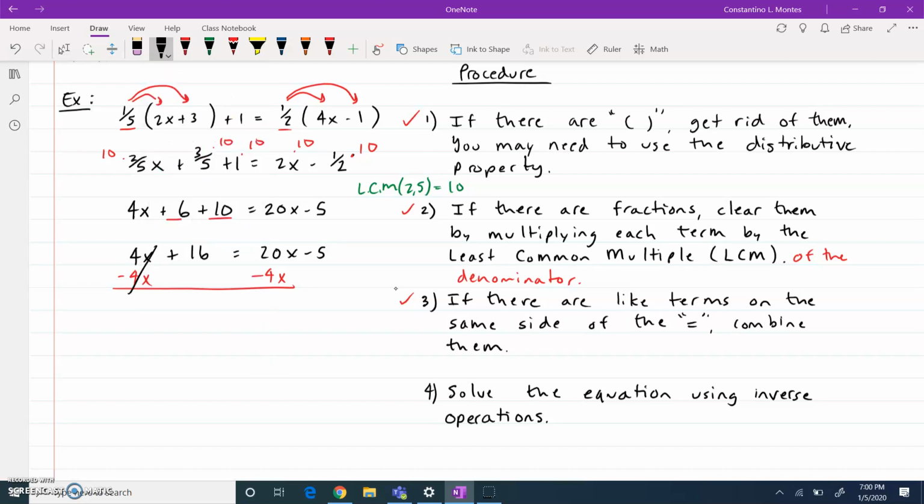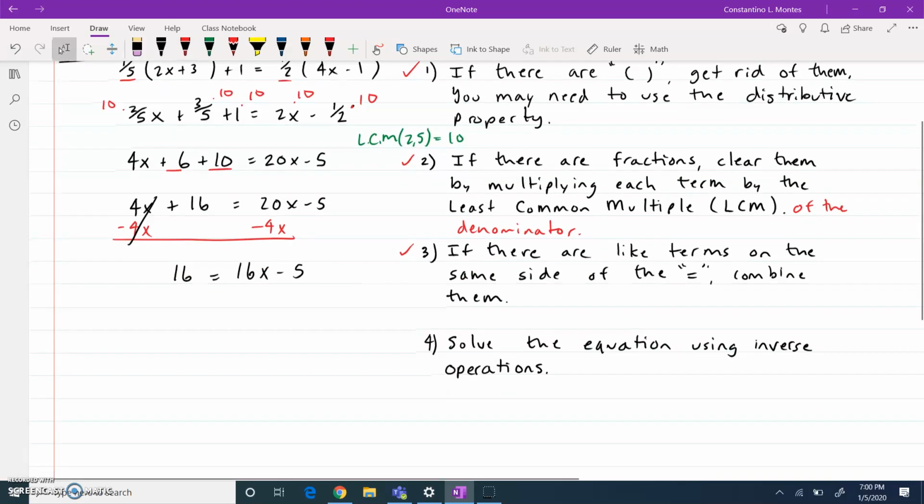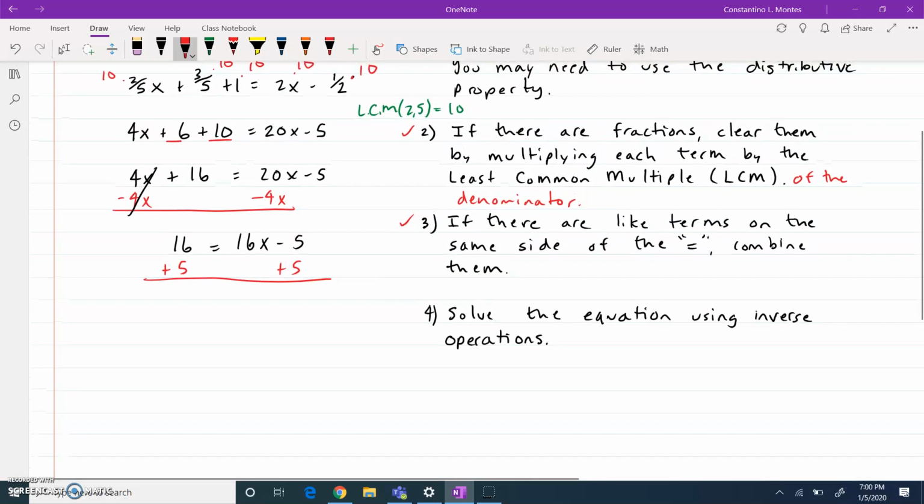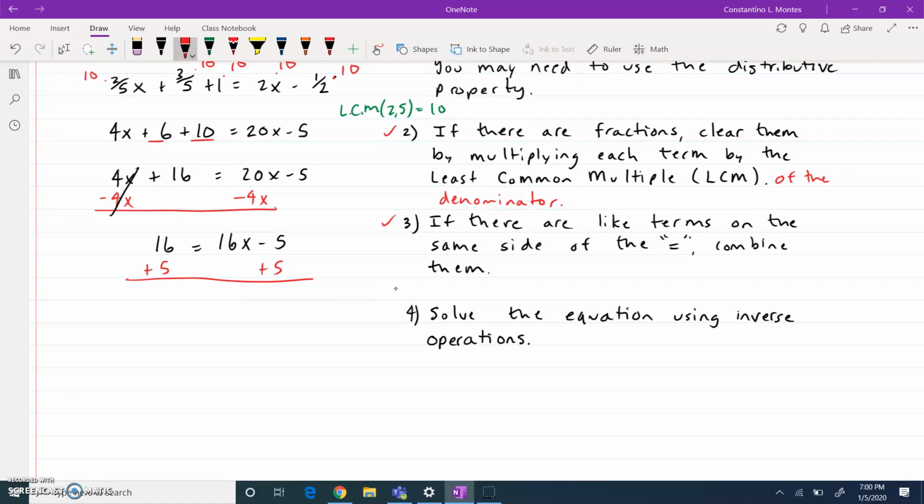This is 0. I rewrite this as 16 equals 16x minus 5. Now I'm going to add 5 to this side, and add 5 to this side. Remember, I'm trying to get x all by itself on one side of the equal sign, so that I can see what the value of x is.